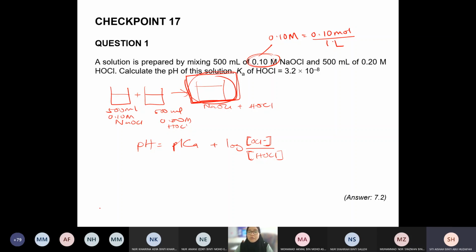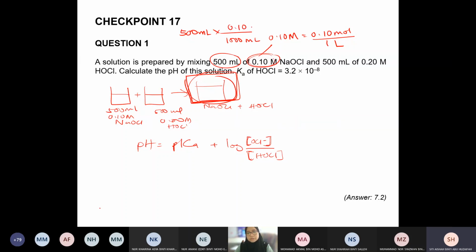So kalau in 1 liter of solution you have 0.10 mole of sodium hypochlorite. So what if you have 500 ml? Okay, alright, so 500 ml. You nak cari berapa mol kan? So down here should be 1000 ml.